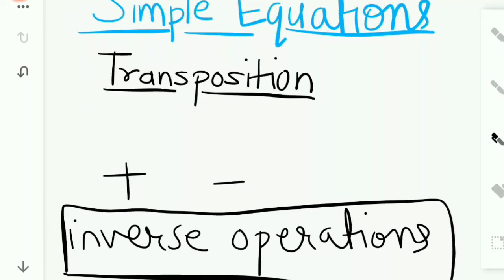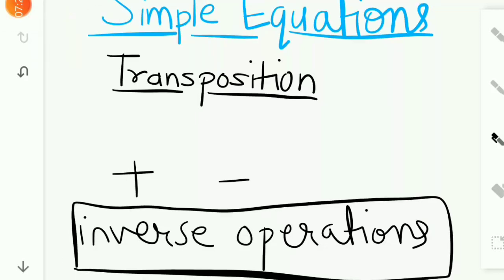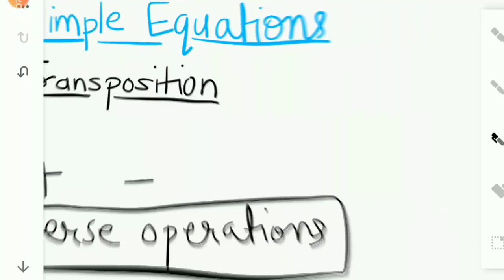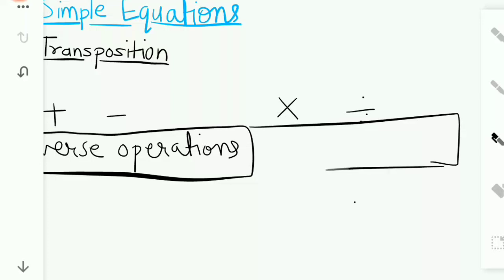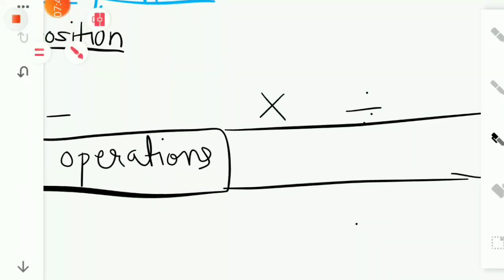That means 5 minus 5, plus 5 minus 5 will be equal to 0. They will cancel each other out. That is, subtraction is the exact opposite of addition. Also, multiplication and division are inverse operations of each other.